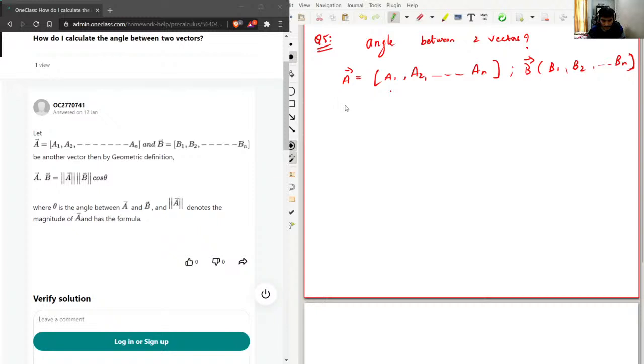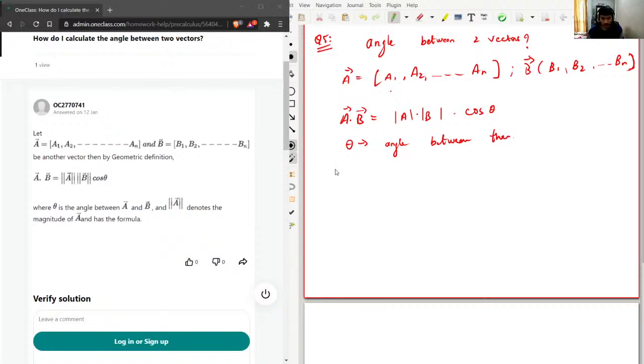So to find the angle between them, we use the definition of dot products of vectors. It says that a dot b is magnitude of a times magnitude of b times cosine of theta, where theta is nothing but the angle between them.